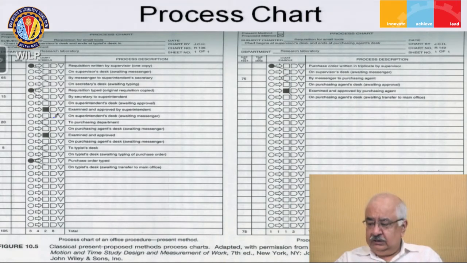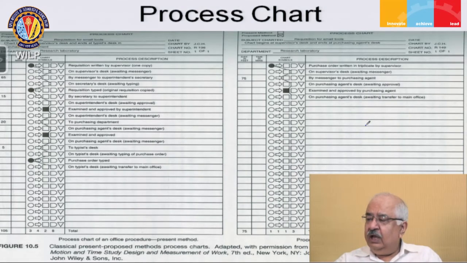Generally, process charts are done in pairs. So you have a before and you have an after. So this entire sequence of steps for this process has been modified, as you see over here, where it is down to only 6 steps as opposed to the 17 that we had over here.